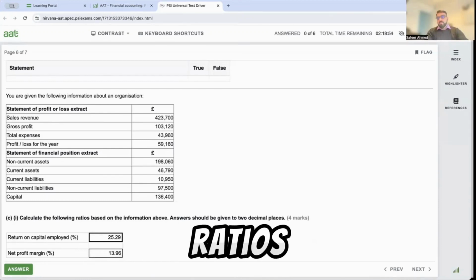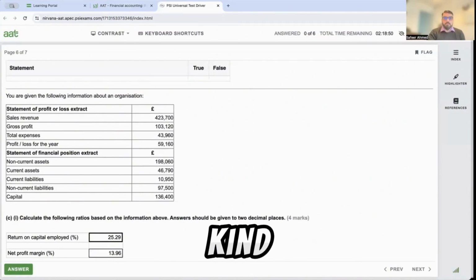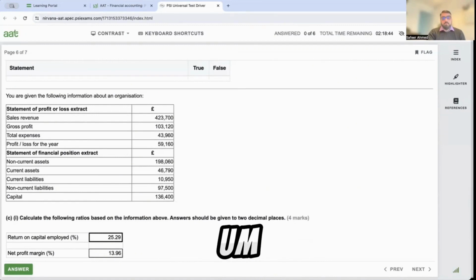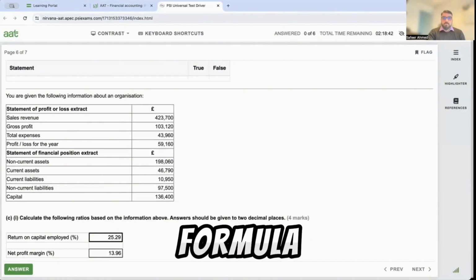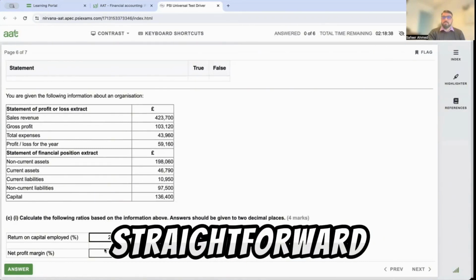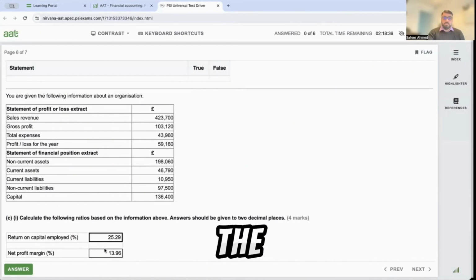So for ratios, there are not too many ratios. So you've got to remember one way or another the formulas, maybe by practicing as many questions as you can. I think net profit margin is kind of straightforward. In other words, net profit for the year is net profit anyway, divided by sales revenue.